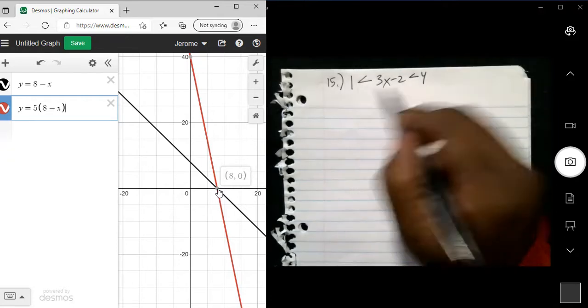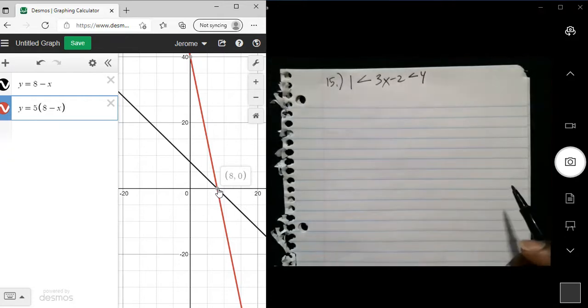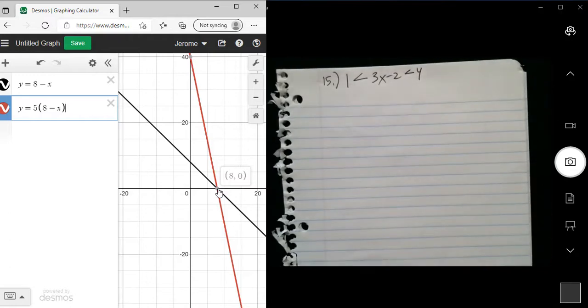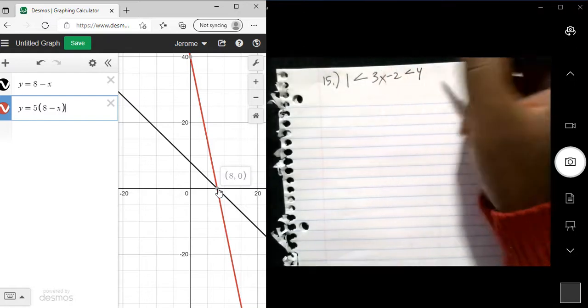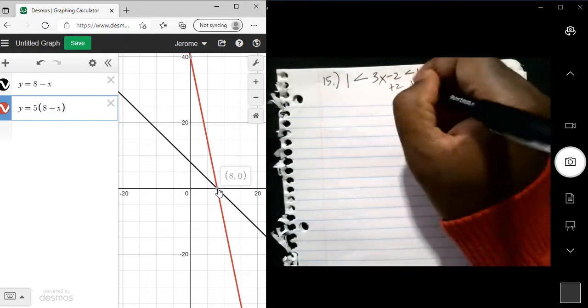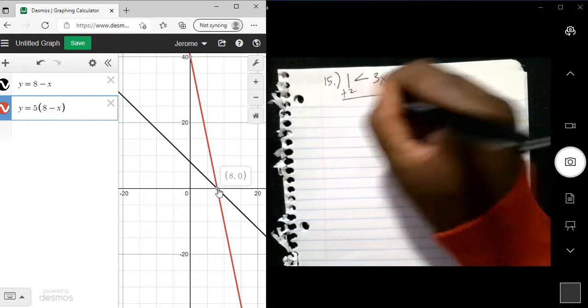Now, there are 3 sides to this inequality. So remember, the golden rule of algebra is what you do to one side, you do to another. But when you have an inequality with 3 sides, what you do to one side, you do to all sides. So here, you always try to have the variable in the middle. We would add 2 to all 3 sides.